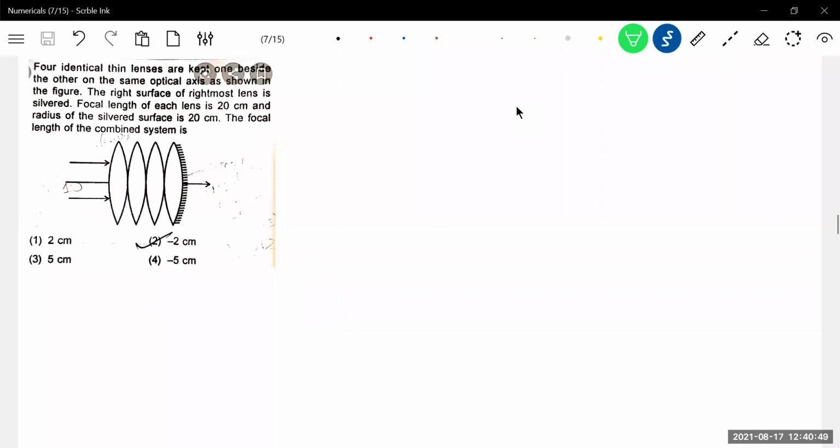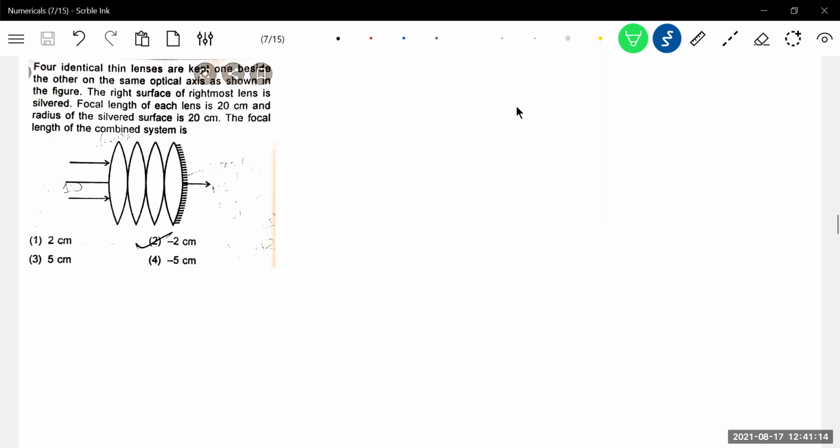You can wind up by tomorrow. If you want, you can wind up the total ray optics revision, provided what all you studied, you should be able to remember the minimum things like mirror formula, lens maker formula, silver lens formula, the prism, all those formulas, different ideas.